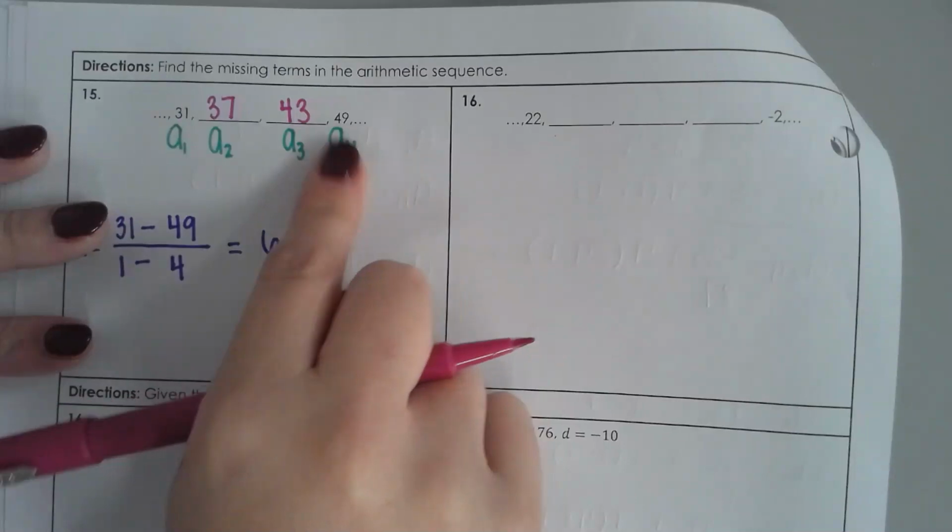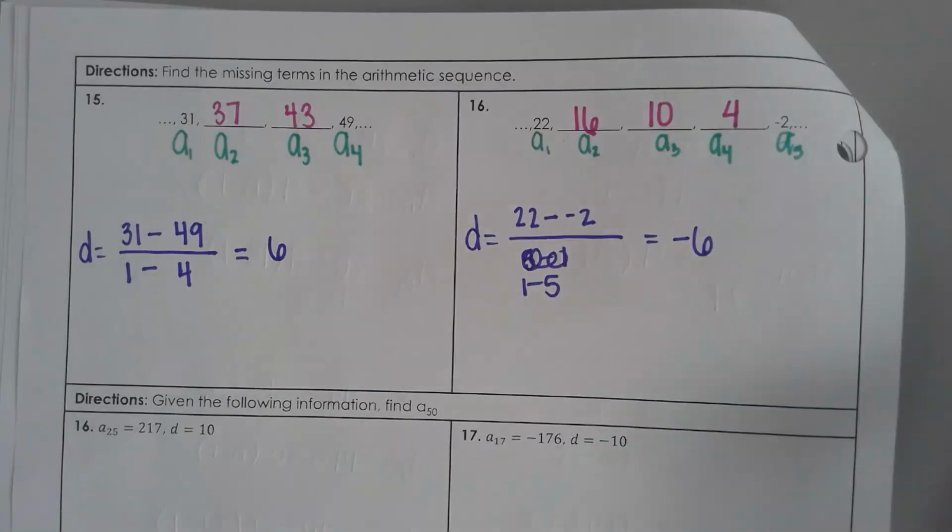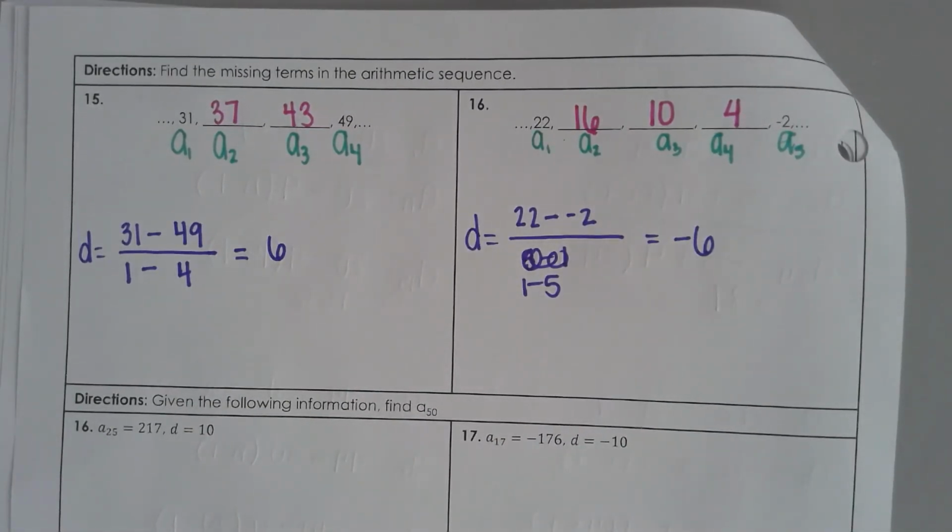So go ahead and just check the last one to make sure. Try number 16. Notice there are 3 blanks this time, so you would have 5 consecutive numbers. I got a common difference of negative 6, which means I was subtracting 6 every time. So 22 minus 6 is 16, minus 6 is 10, minus 6 is 4, minus 6 is negative 2.